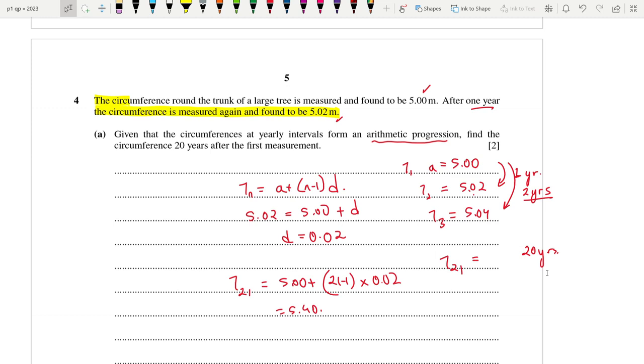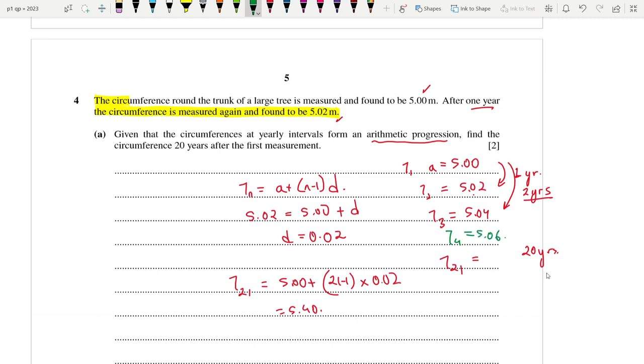Now they want you to find out the circumference 20 years after the first measurement. What does that mean? For example, term 1 is 5, term 2 is 5.02, term 3 is 5.04, term 4 is 5.06.